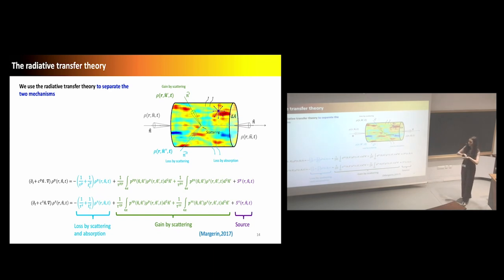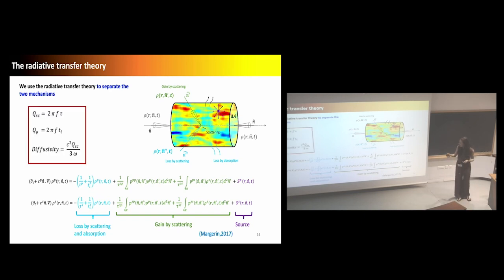If we want to separate both, we use the radiative transfer theory that was perfectly introduced to you this morning. So I will go a little bit fast on this slide. But just to remember, this is the very pretty equation that we have when we work on the radiative transfer theory. What is important to keep in mind is that you have a term here that is directly related to the loss by scattering and absorption.